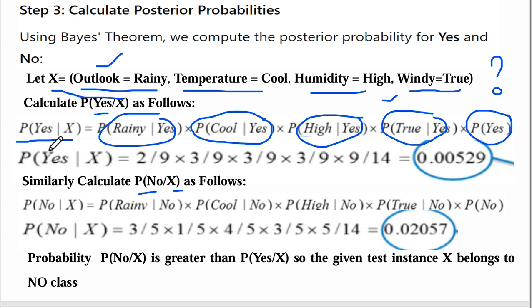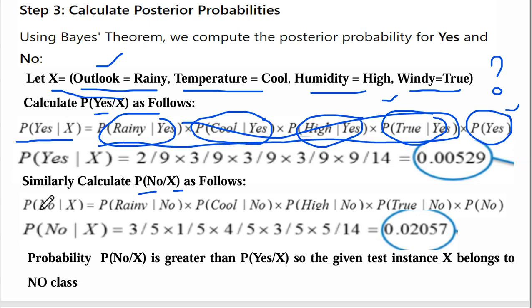The product of the conditional terms is called the likelihood probabilities, and this is called the prior probability. Here we need not maintain the denominator probability, that is P of X. Why? Because for both yes class and no class the P of X value is the same.